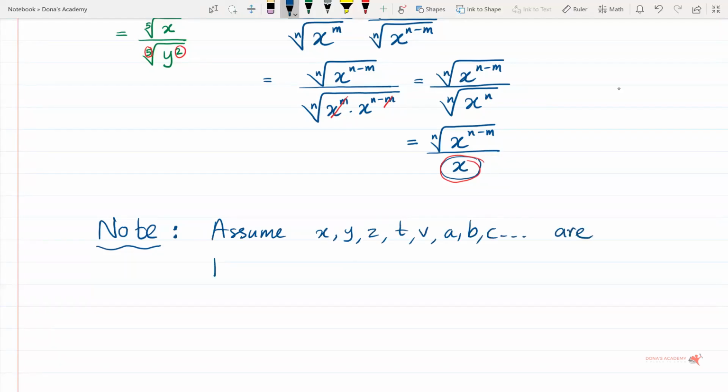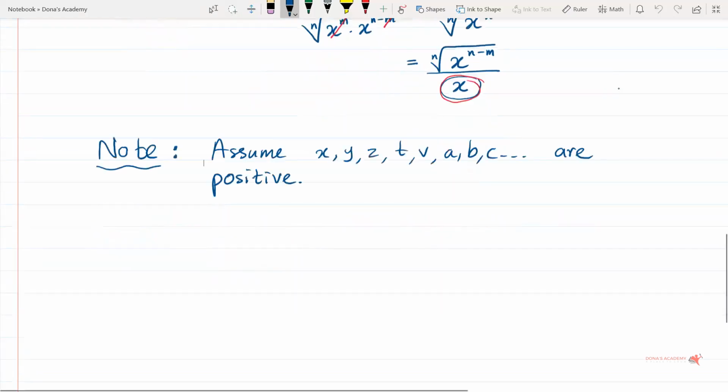Unless otherwise specified, you can assume the symbols given are positive. However, if you see negative numbers, then it's not that case. You have to be careful with the outcome of negatives and absolute values. Okay. First example.